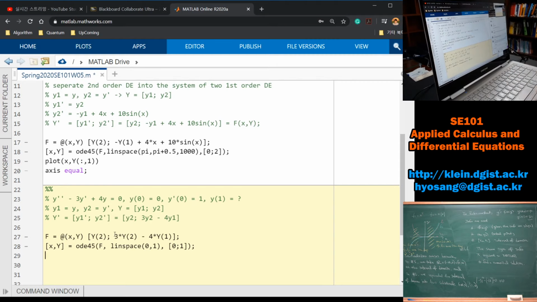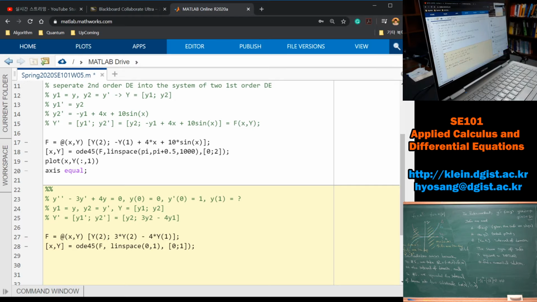When you use ODE45, be careful that the vector f is a column vector. The info about y1 prime and y2 prime is divided by rows using the semicolon. When I use the semicolon, I change the row. So this is the first row, first column entry, and this is the second row, first column entry.